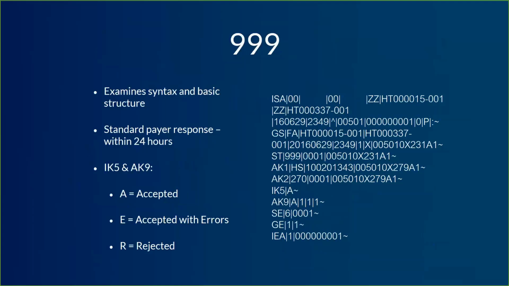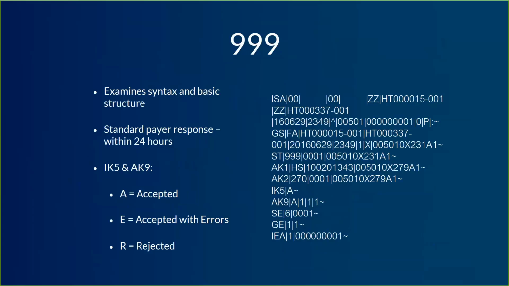So, for example, you might imagine an invalid character would be a common cause for a rejection at this level. That would be a syntactical error. The 999, as I mentioned also, is pretty standard as a payer response, and it usually comes back pretty quickly. We're usually talking a matter of minutes or just a couple of hours.